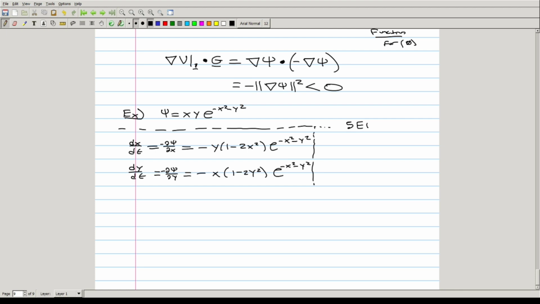But there ends up being 5 equilibrium points where, if you make the notation L equal to 1 over the square root of 2, these 5 equilibrium points end up being (0, 0), (-L, -L), (L, L), (-L, L), and (L, -L).